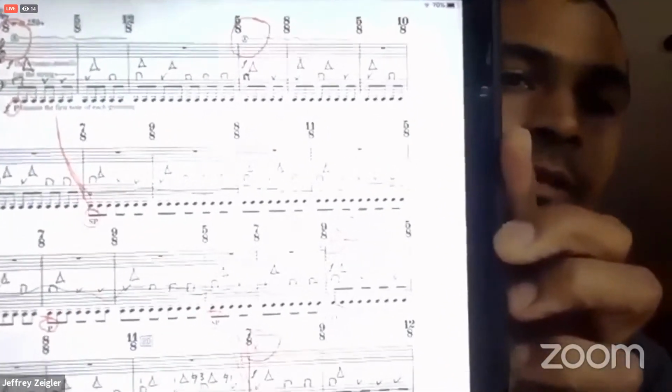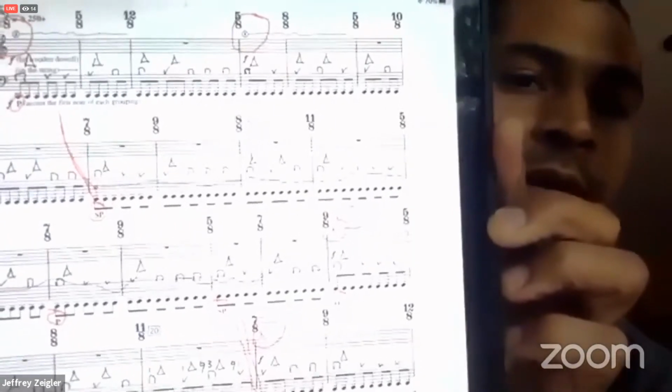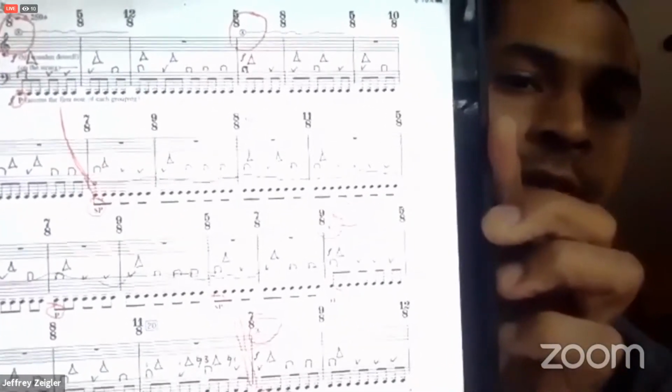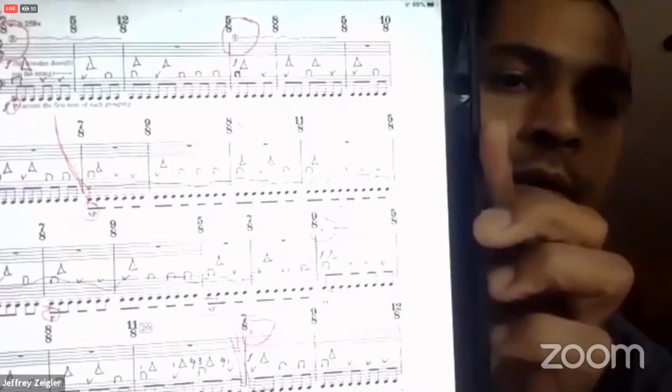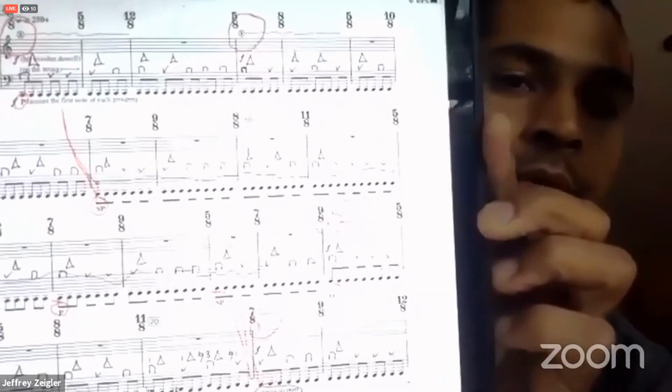And if I hold it up closely, I don't know if you can see, but there are various markings like SP or P or N below the staff. And what that means is that Zorn is asking for different types of ponticello, sometimes more extreme than others.